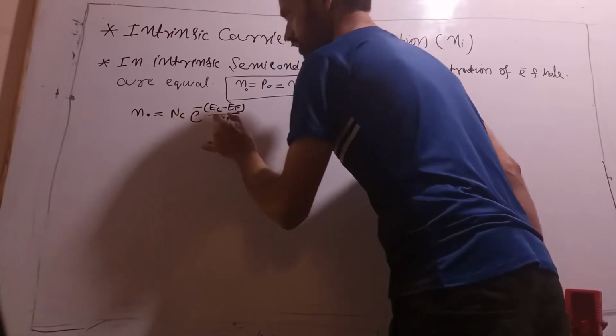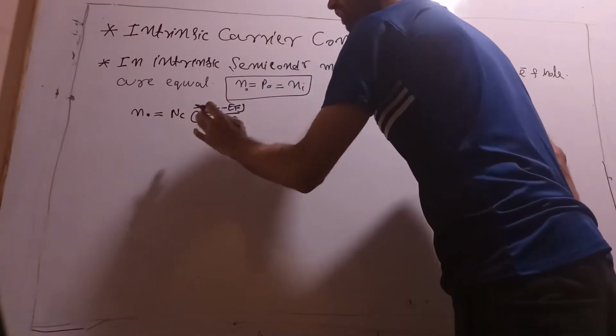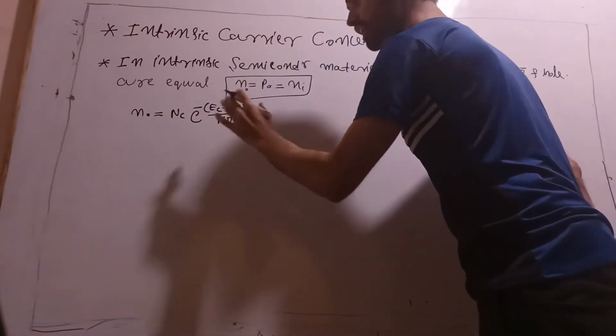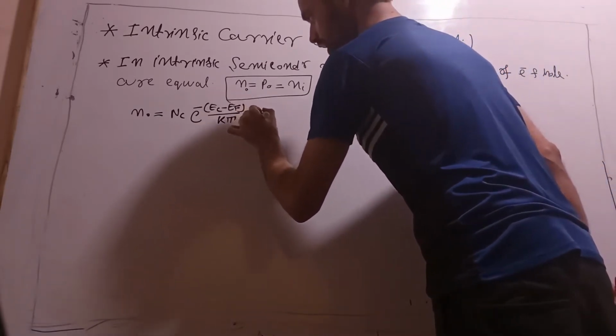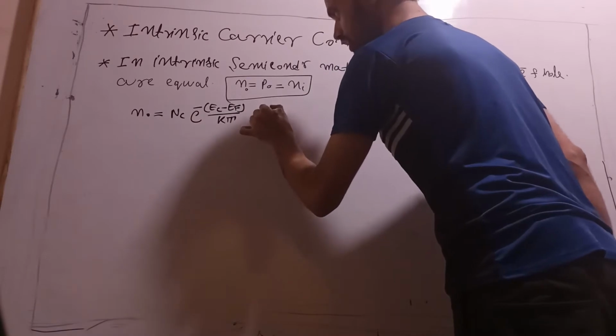This is the thermal equilibrium concentration of electron in the conduction band, and here we are equating n naught to ni.